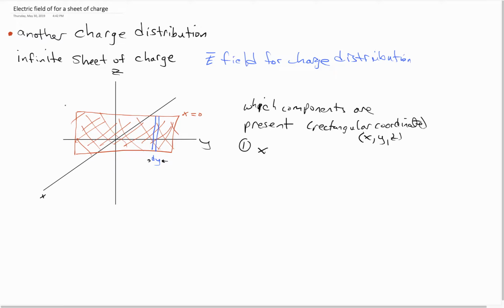And I guess I forgot to say it, but this would be characterized by rho s for a sheet charge in coulombs per meter squared. And so we have this infinite sheet charge that's broken up into an infinite number of line charges.